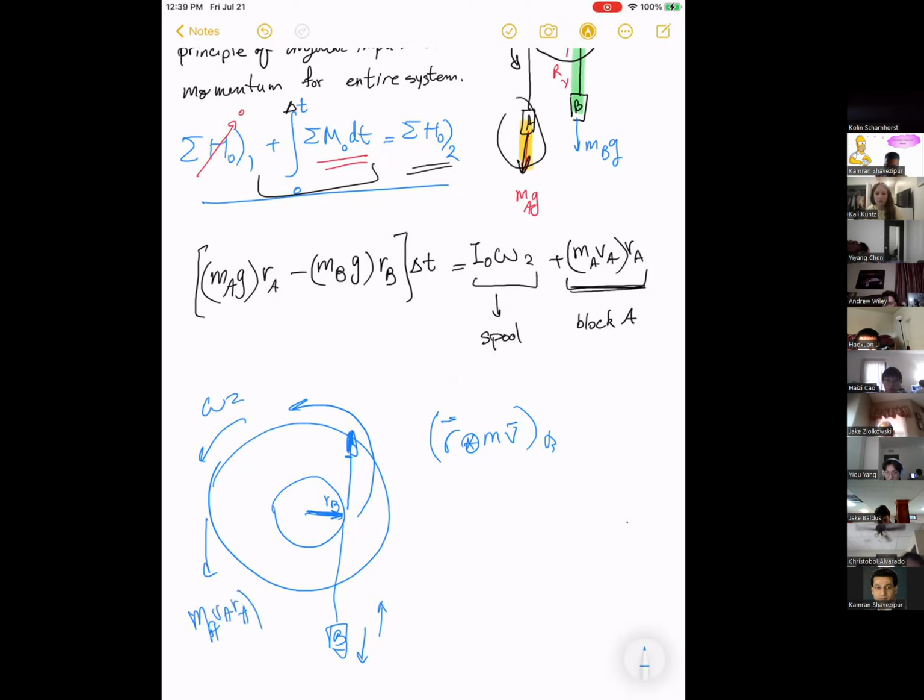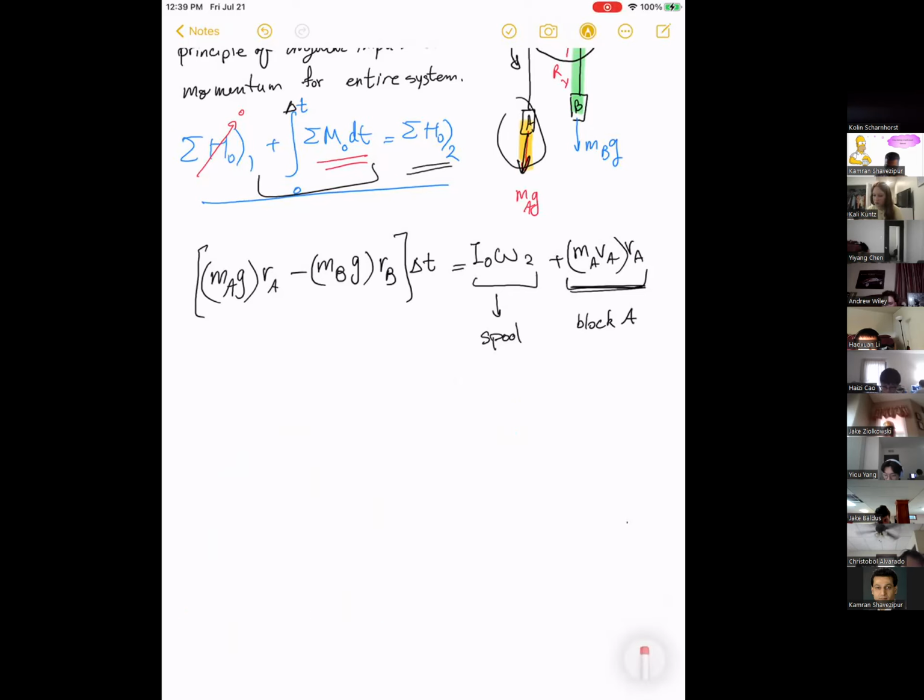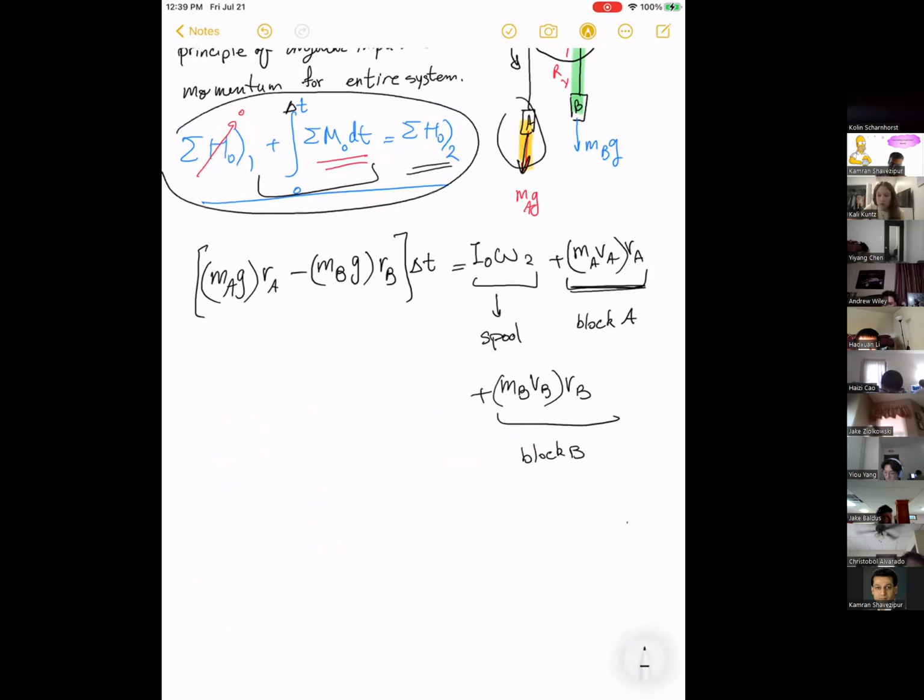So if that's the case, for block B, we're going to get it positive, plus MB VB RB. They're all positive. So this is for block B. So technically, this principle of angular impulse and momentum gave you one equation. Why one? Because everything is in the z direction.